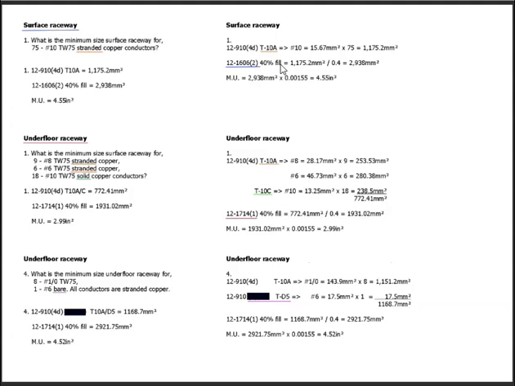This is the total fill, but you can only fill it to 40%. So we take this and divide it by 0.4. So the total area of the raceway is 2,938 millimeters squared.